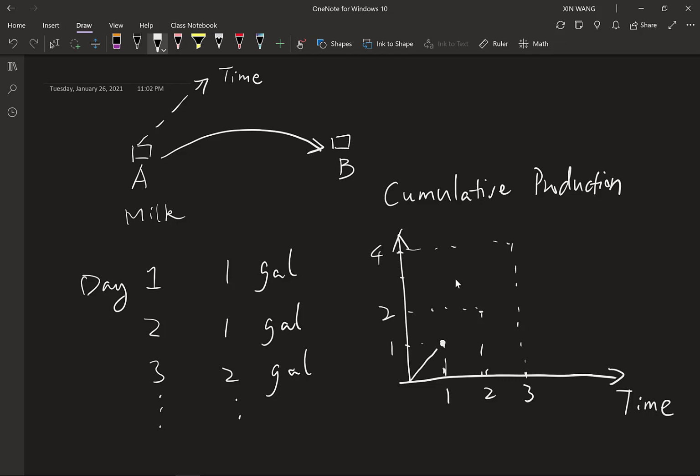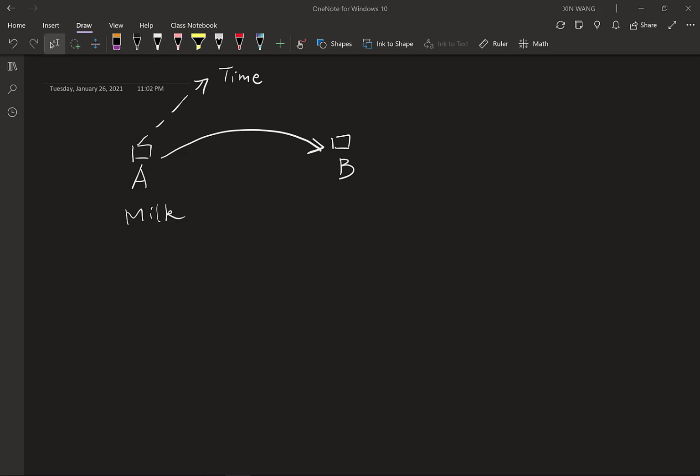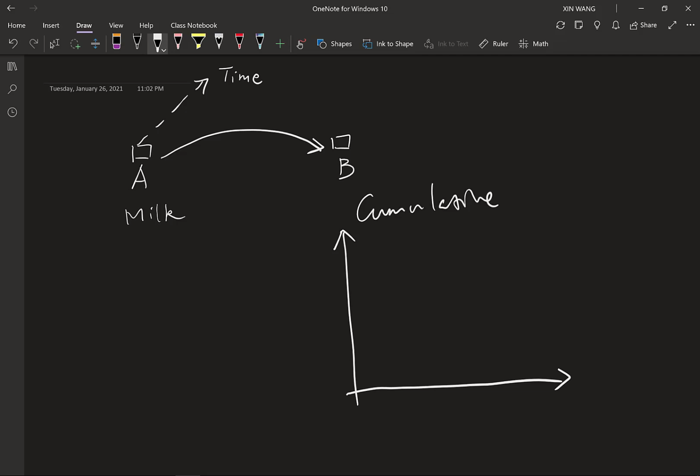If we draw a line connecting them, then we plot the cumulative production line for node A. Then similarly, we can plot the cumulative consumption line over time.